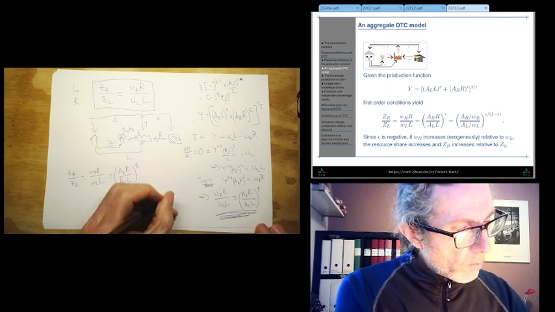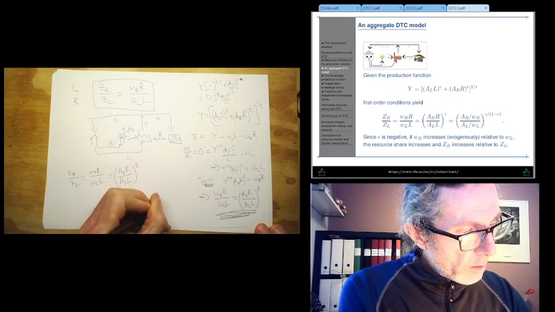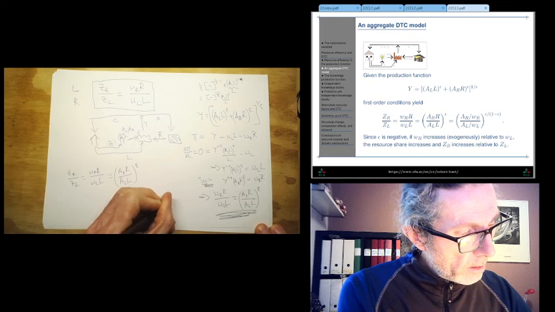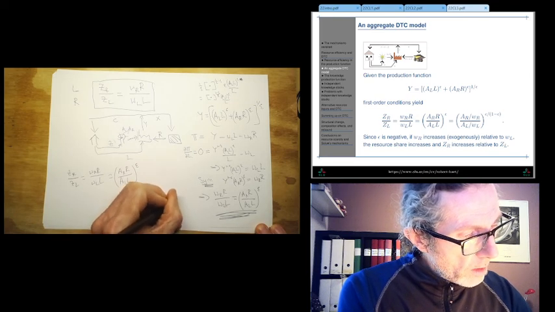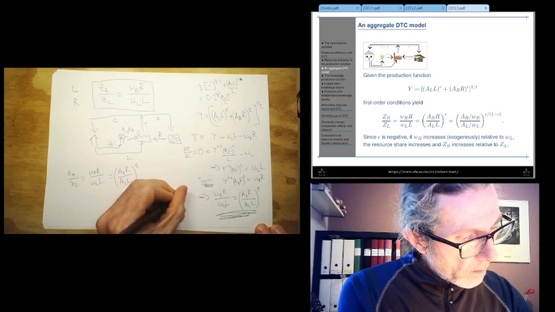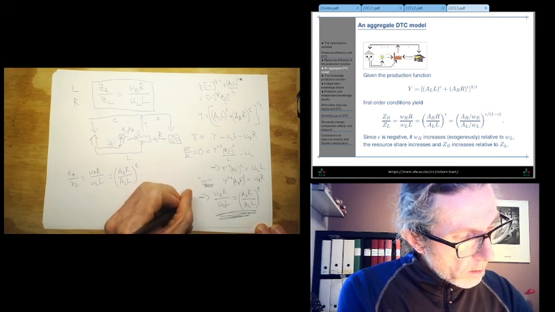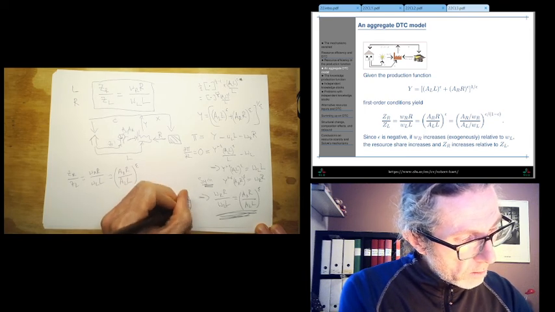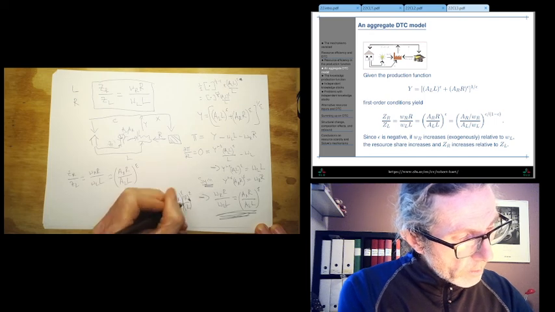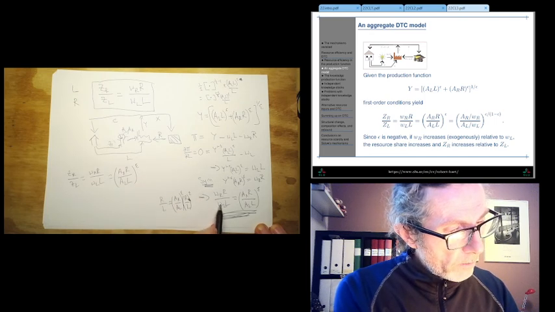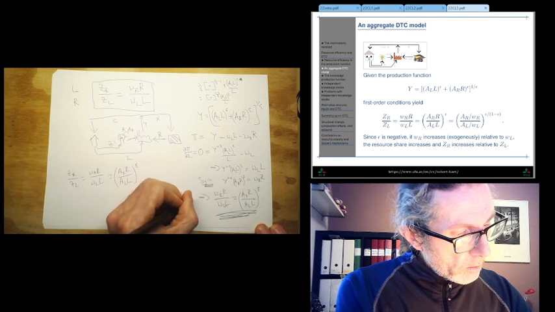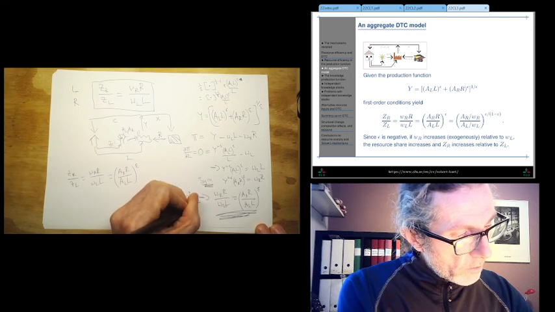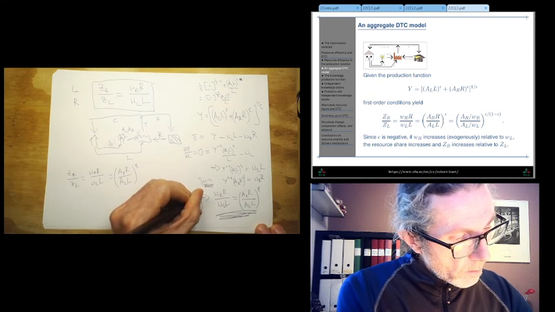So we can split things up, and we can say R over L equals AR over AL to the epsilon, R over L to the epsilon, and then we've got WR over WL to the minus 1.